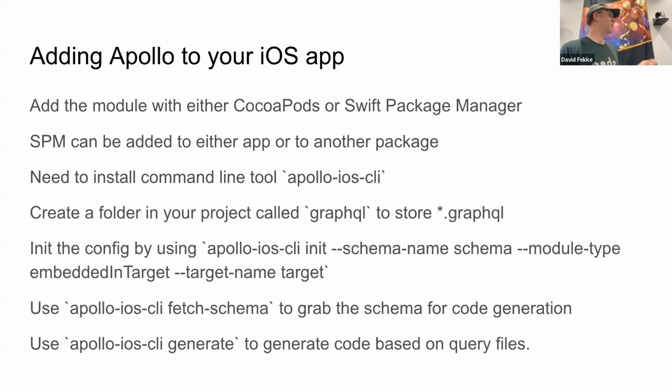But for this example, I'm going to embed it into the target for the application. And then the last part is generating all the code. It'll generate all the Swift files and everything we need to be able to essentially query our database.